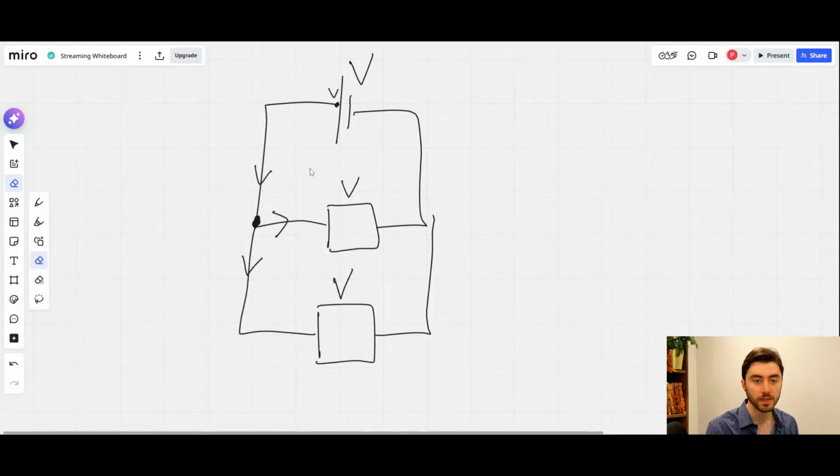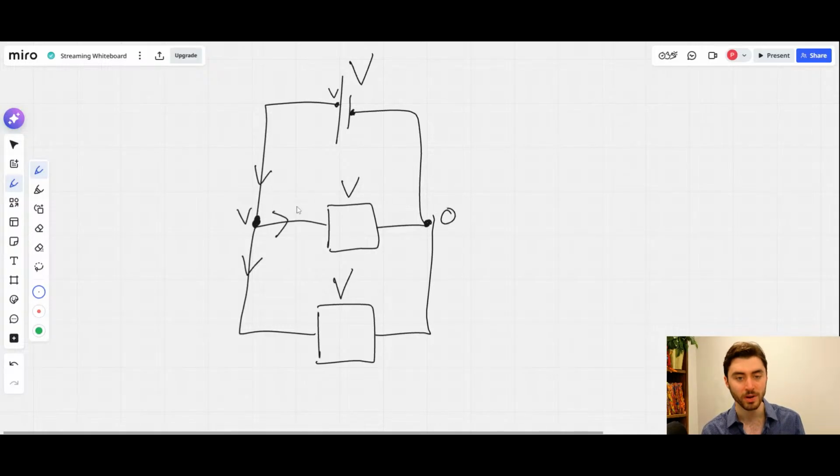If this is where they come back to the cell, they must have lost all of their potential by the time they come back. This has to be zero potential, which means here also has to be zero potential. So if that has to be V and that has to be zero, then the difference between those two points, no matter how you get there, the potential difference must be the same. It must be V. I just need to add one more thing before we get to your idea of cells in parallel, but this is a crucial idea for getting to grips with it.